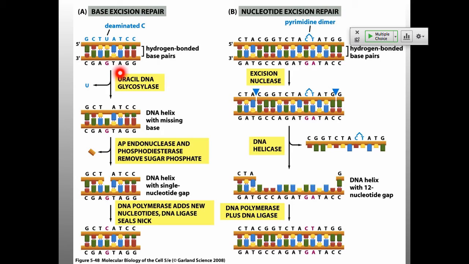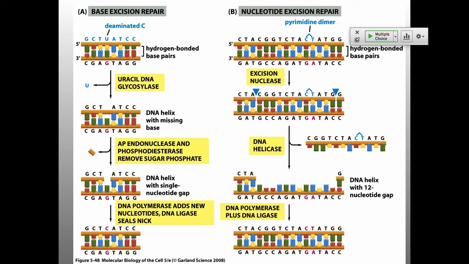Apurinic, apyrimidinic. Why did they just call it an abasic site? I don't know, but it's known as an AP site. AP sites also happen spontaneously, and this seems to be the most frequent kind of DNA damage, just by depurination, which happens. The purines fall off, so adenines and guanines just fall off of the sequence.